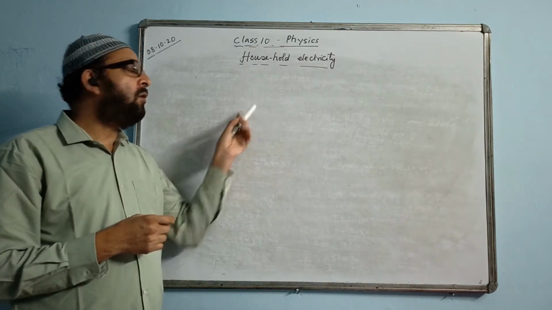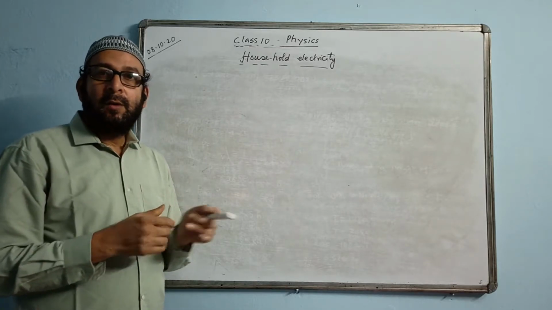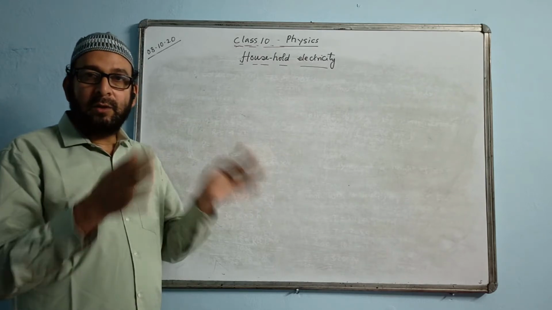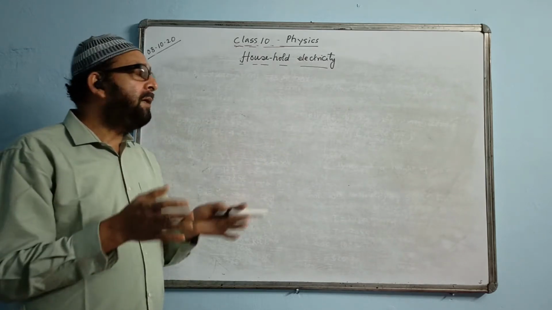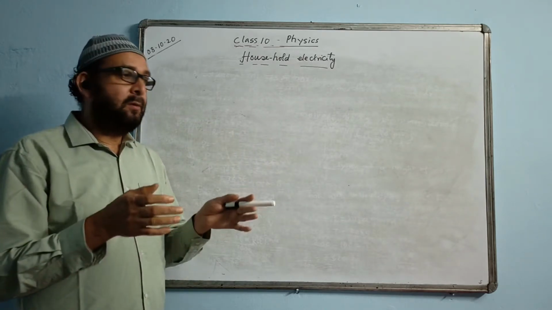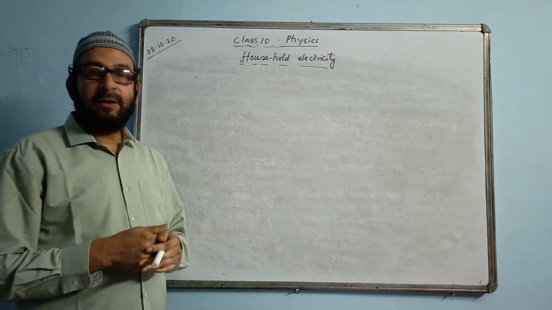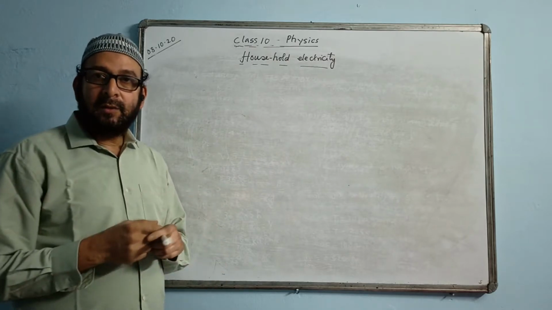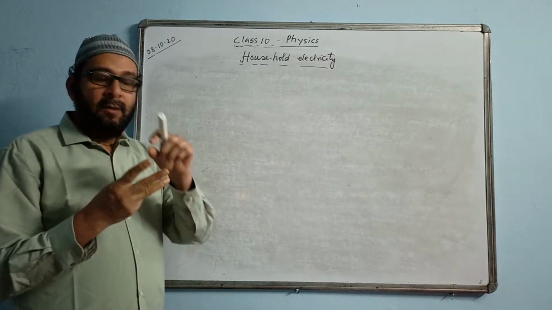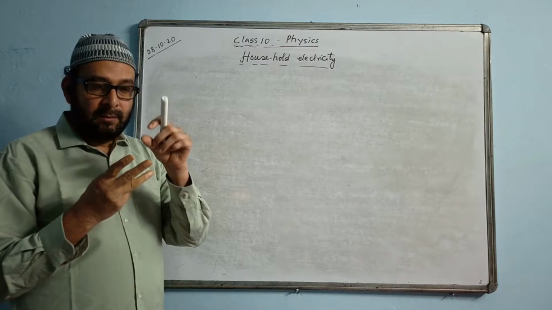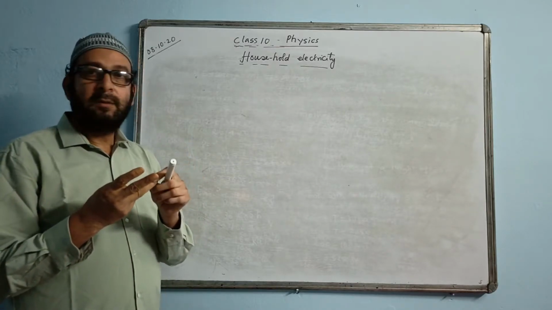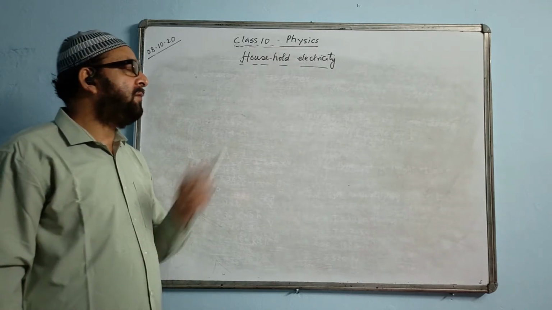And the role of the earth wire is to protect the user or the appliance from getting an electric shock or from getting damaged. The earth wire is connected to the earth. So there are three kinds of electrical wires we have: live, neutral, and earth.